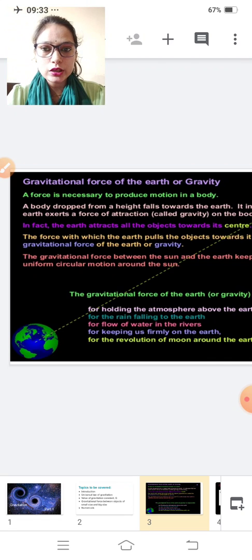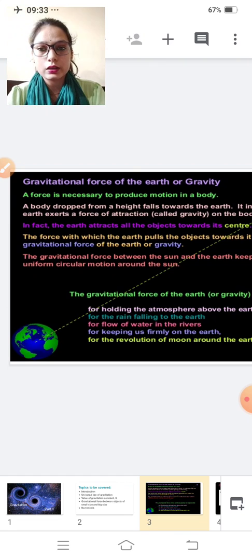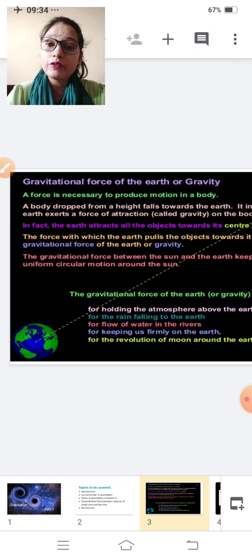The force with which the earth pulls or attracts the object towards it is known as gravitational force. So it is clear why all objects are attracted towards the earth. Why? Because of the gravitational force.